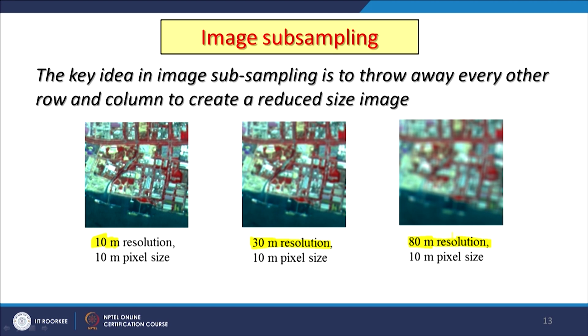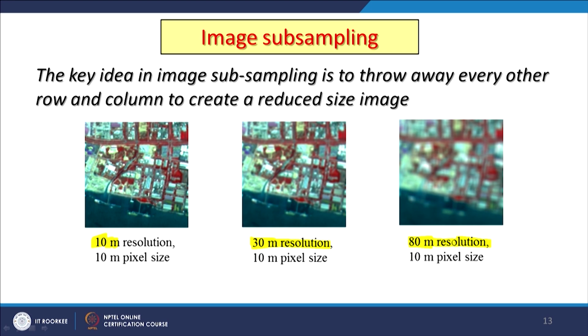Though when we reduce the spatial resolution of an image, like in this example, there will definitely be less space required for the 80 meter resolution as compared to 10 meter, maybe just 1/8 of the original image. So, suppose the original image was 8 megabytes, then this 80 meter resolution image may require only 1 megabyte.